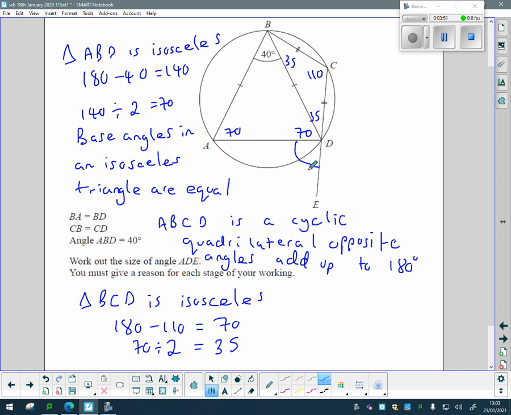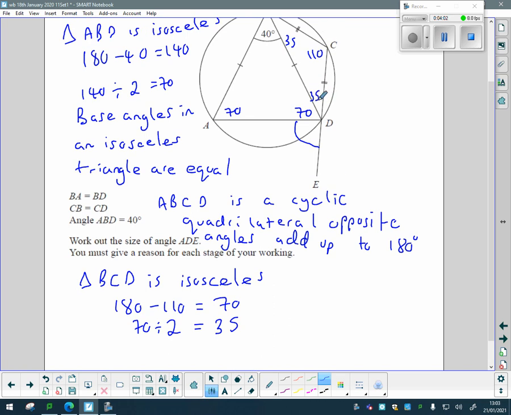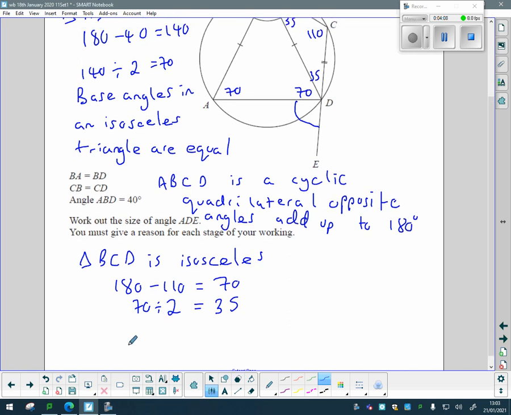And finally, the angle we're looking for is the third angle on a straight line. I know the diagram now becomes quite complicated, but you can see the 35, 70 and this angle here, which is called angle ADE.